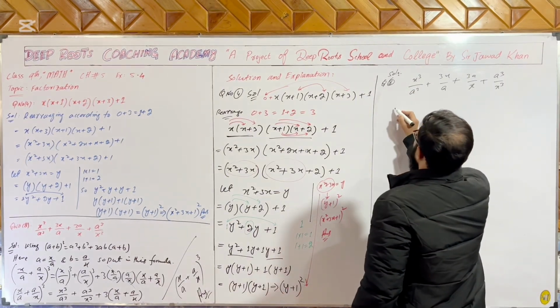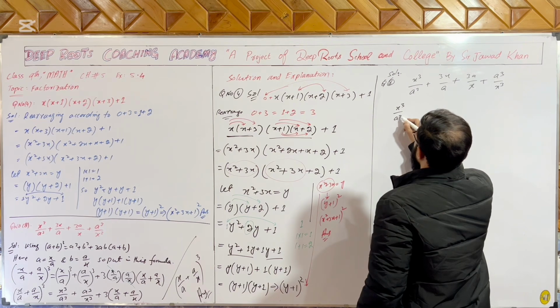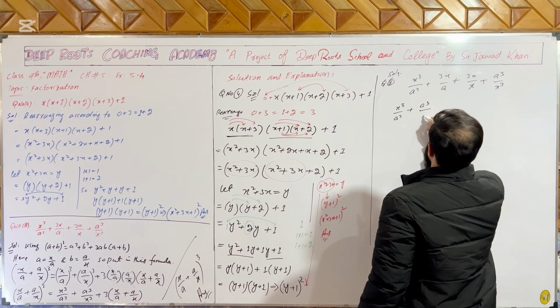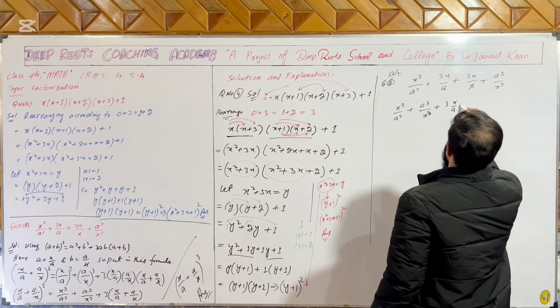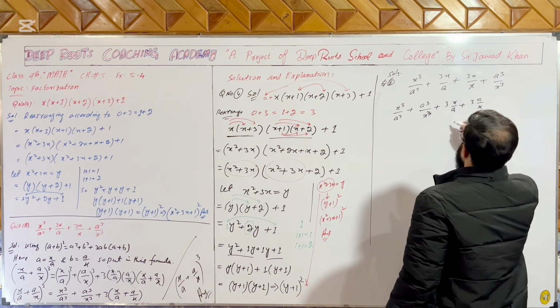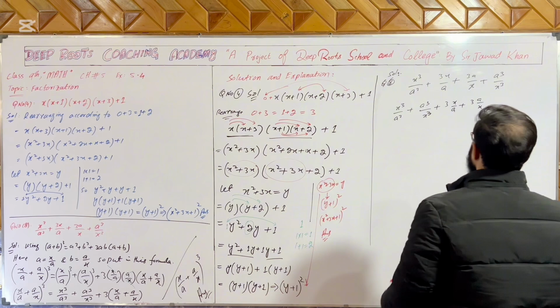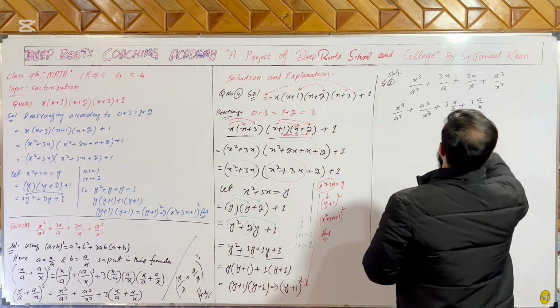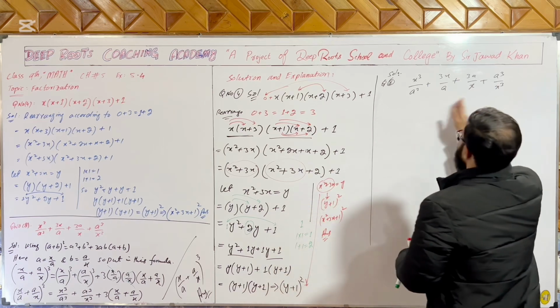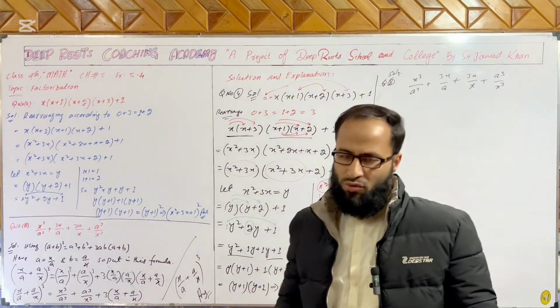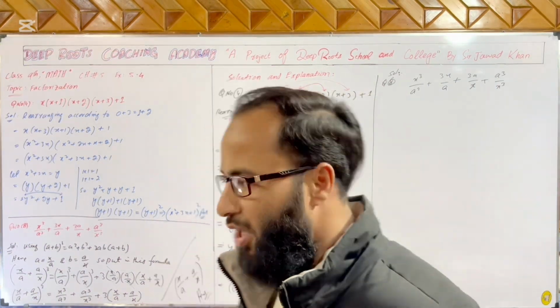Here, if I write it like this: x cube by a cube plus a cube by x cube plus 3x by a plus 3a by x. So I have just written it in a rearranged form, but if you want to solve it as it is, there is no need for rearranging. Okay.